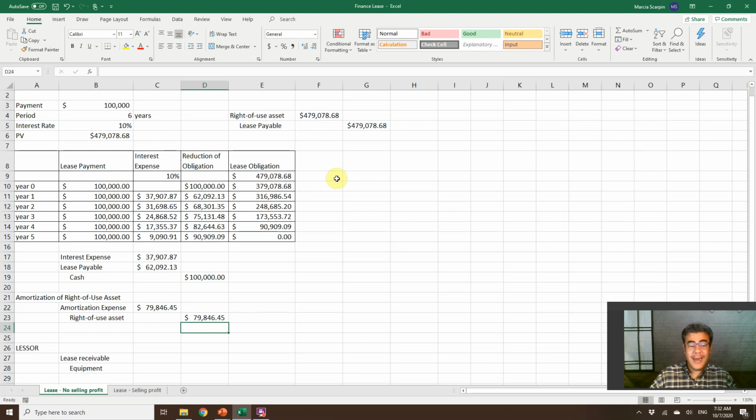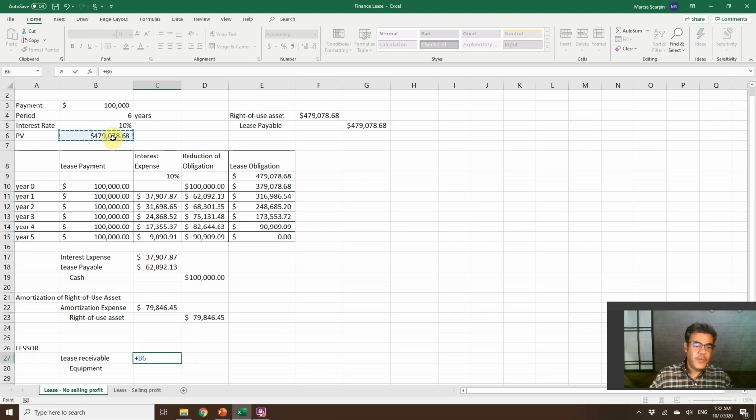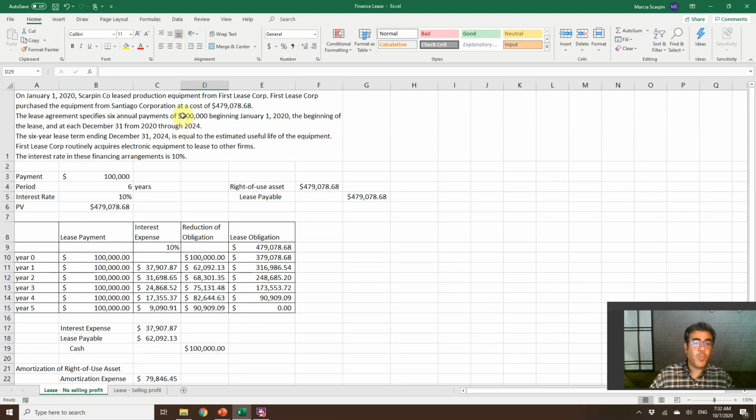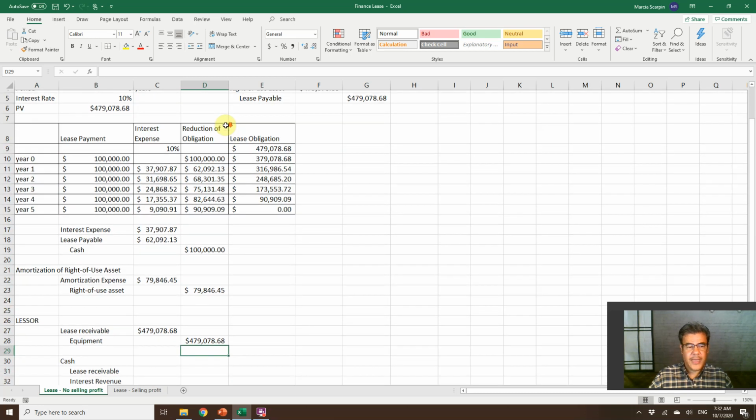What about the lessor? Lease receivable, PV, equipment, the same because the equipment here is 479. Okay, so here we have no problem at all. We don't have any info about any selling here.